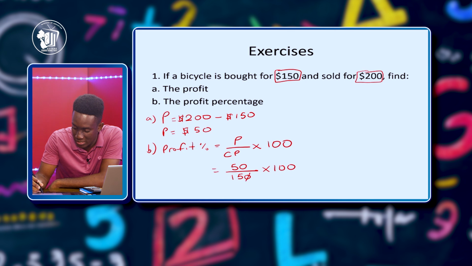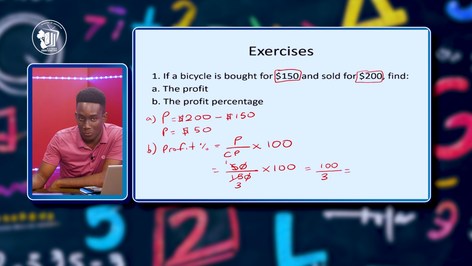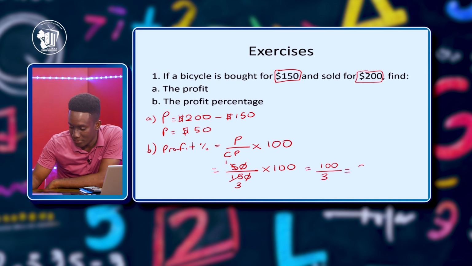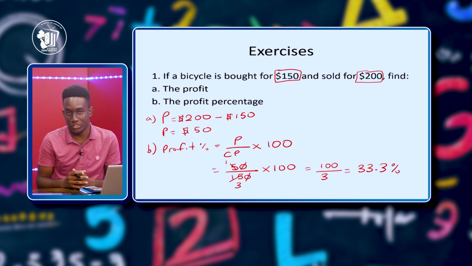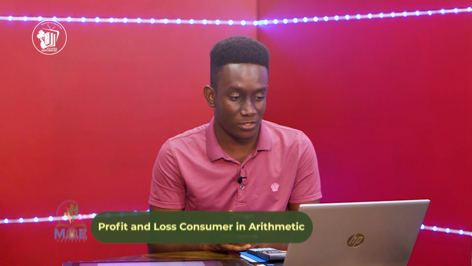You see this 0 cancels out with that 0. 5 ones 5, 5 into 15, 3. So now we have 100 divided by 3, which we work out to get approximately 33.3%. So the profit gain would be 33.3%. And that is how you calculate the profit percentage for this question.